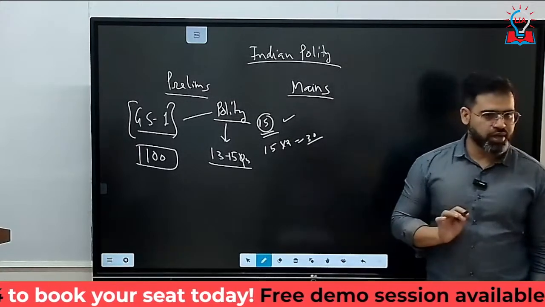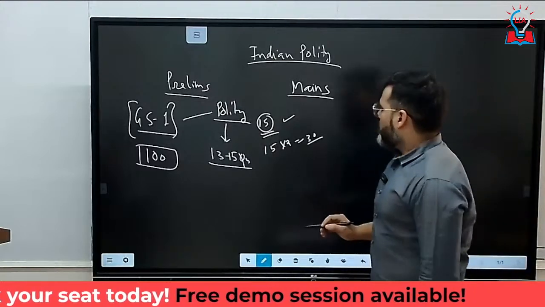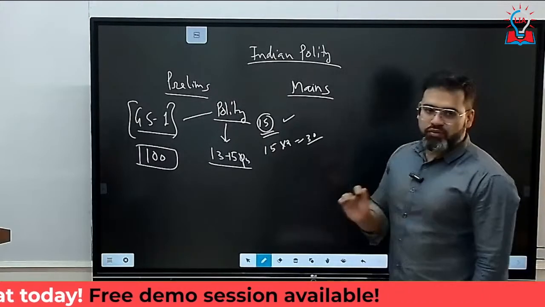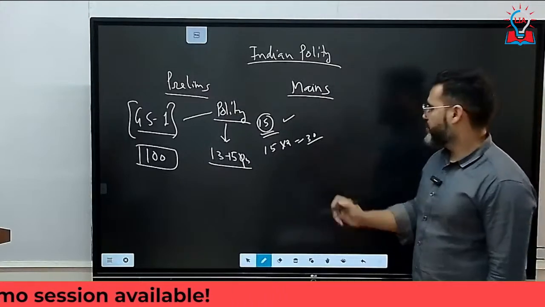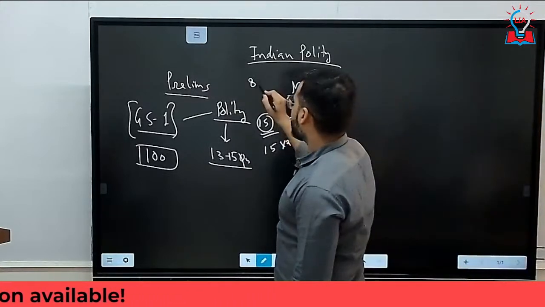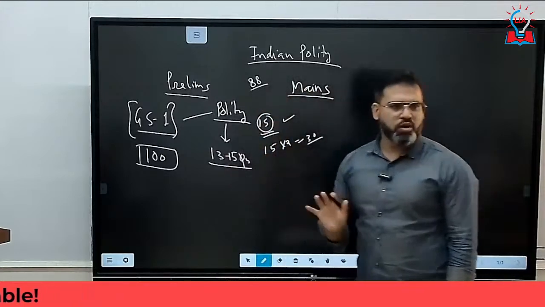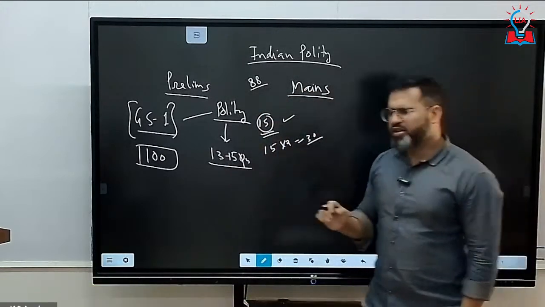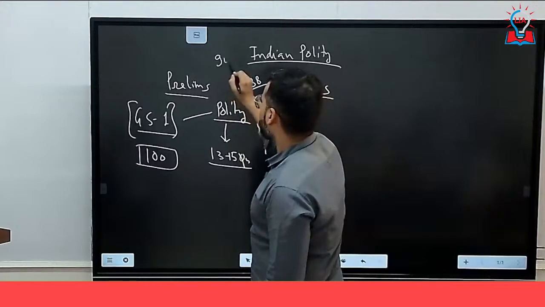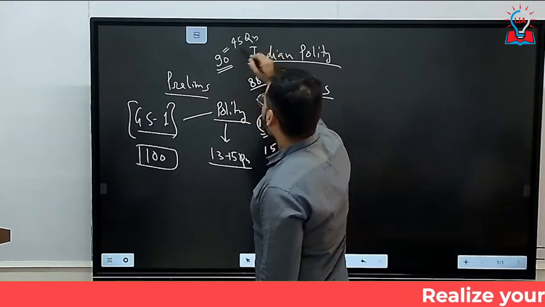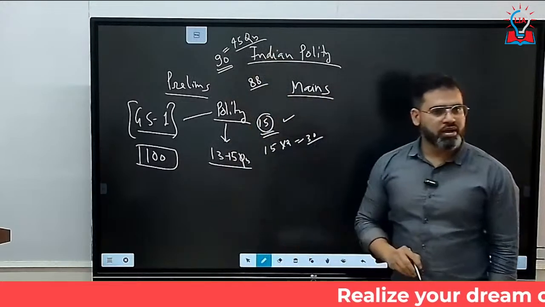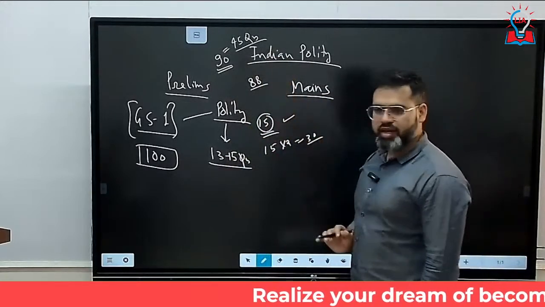Now, if we see the cutoff every year, for the last 3 years the cutoff is going around 88 or 90, that is below 90. If we take even 90, that means 45 questions should be correct.